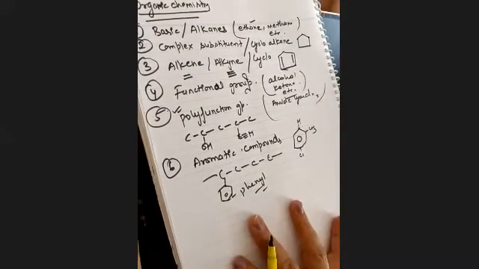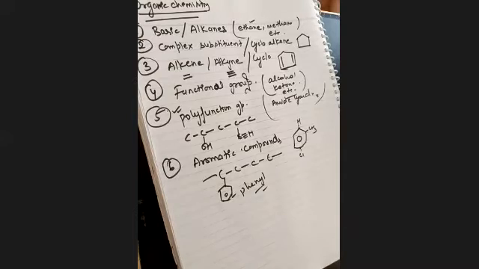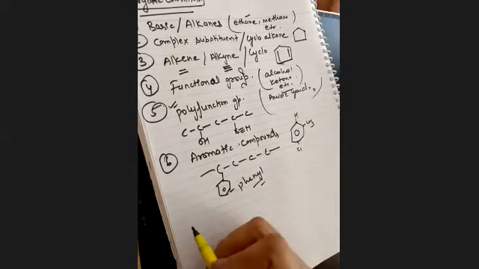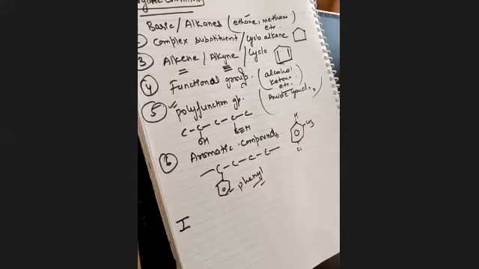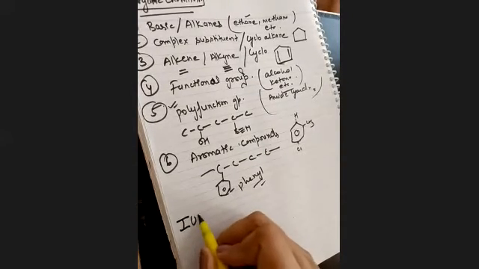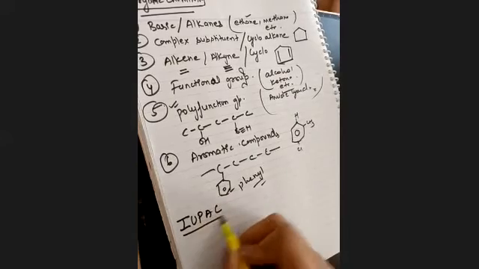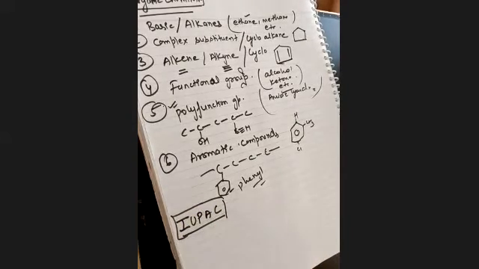Okay. So on the basis of a proper system, a system which is made by the scientists and our CBSE, the nomenclature means the criteria is IUPAC. Can anyone tell me the full form of this IUPAC? Any one of you can tell me the full form of this IUPAC?